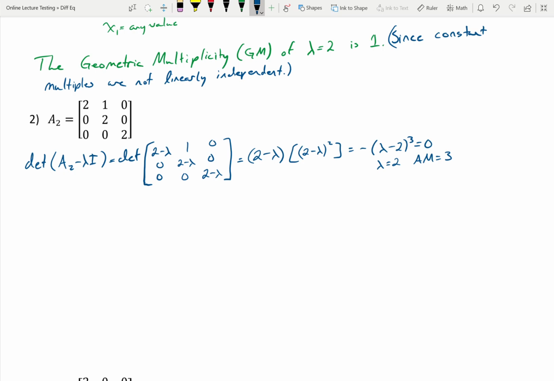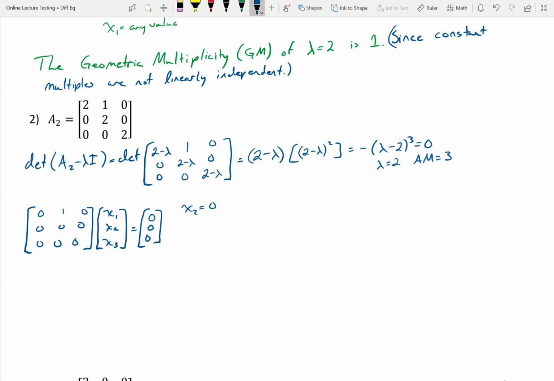All right, so let's go through the process. I'm going to plug this back in. So I'm going to get 0, 1, 0, 0, 0, 0, 0, 0, 0, multiplied by my x1, x2, and x3. You're like, well, that doesn't even look any better. And you're right, it does not look much better, but there's actually a nice piece that comes from this. So when I multiply through here, I'm going to find out that x2 has to equal 0, because if I multiply this first row times the column and set it equal, I get 0 out.